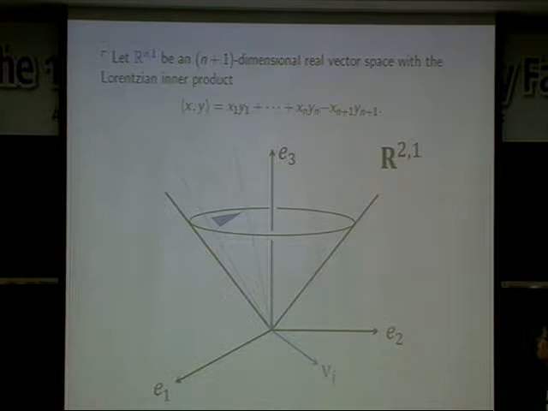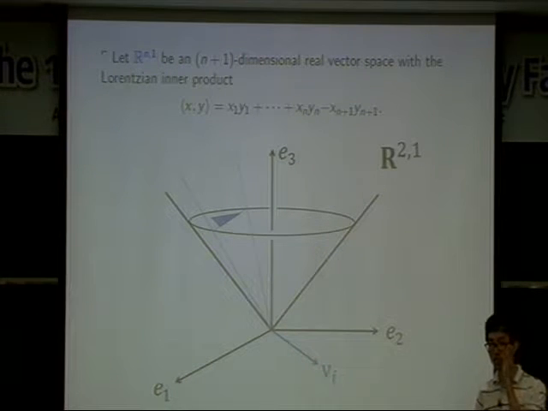We can think that each edge gives a hyperplane, and each hyperplane gives a Lorentzian orthogonal normal vector v_i. So each facet gives one vector.